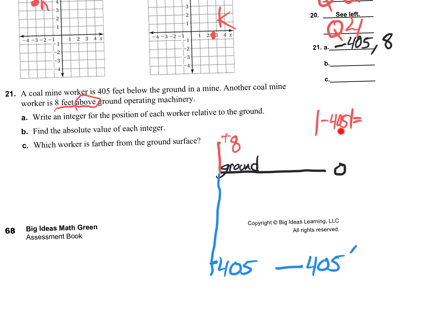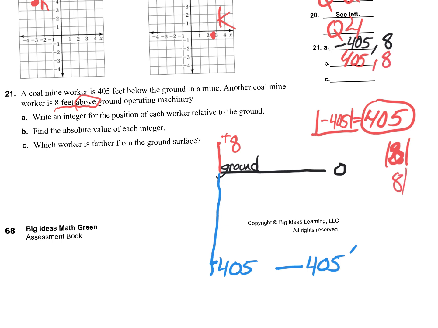So the absolute value of -405 is 405. It's 405 spots away from 0. So this is what we write, 405. That's our answer. And the absolute value of 8 equals 8. It's 8 spots away from 0.